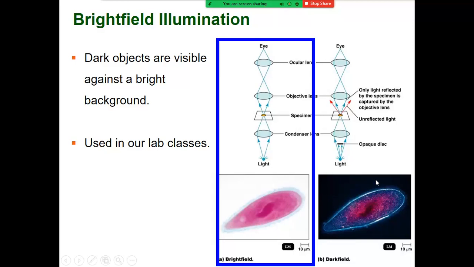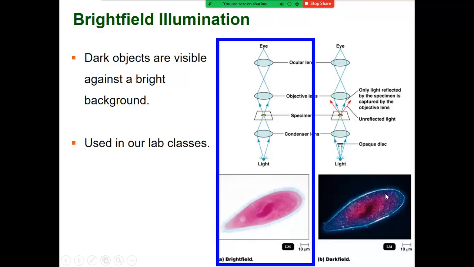And what's happening is we have light coming from the lamp, striking the specimen, and the light that is not refracted will not be collected by the objective lens.